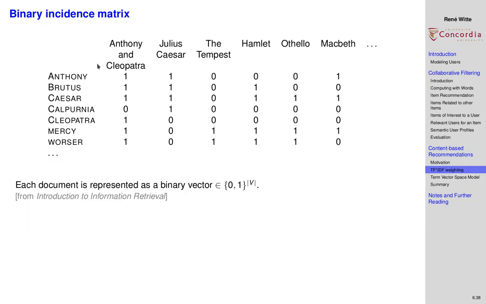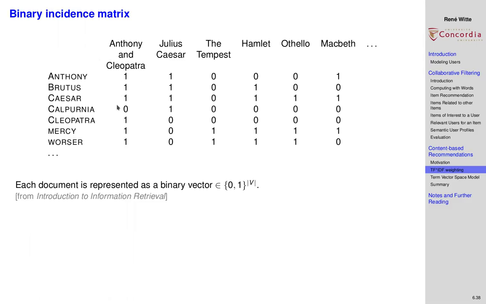And then the simplest index that we can build is a binary incidence matrix. So if this word appears in this book, we say, yeah, this is contained, this is a 1. And if this word, like Anthony, is not appearing in this book, like The Tempest, then it's a 0.